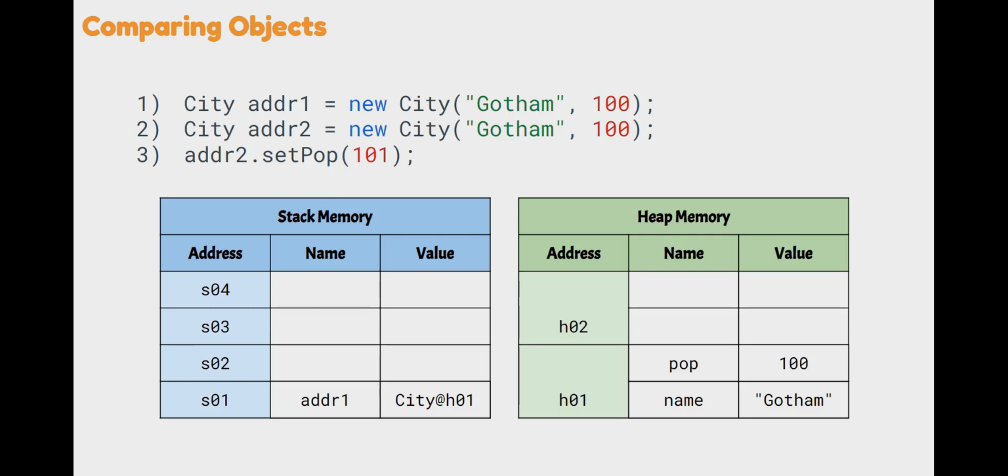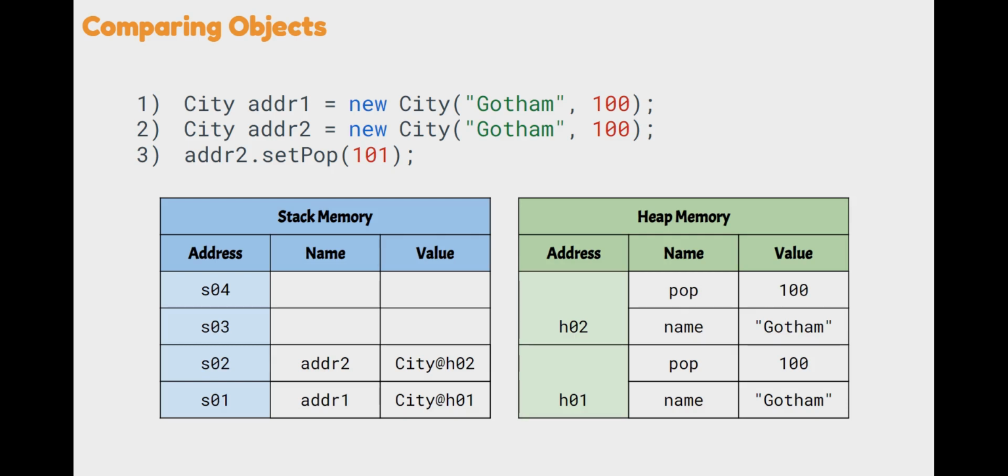We are getting a new spot in heap memory. So the next available spot in heap memory, we will move those object's instance variables into heap memory. We have name being assigned the value of Gotham and pop being assigned the value of 100. Address2 goes in stack memory, and it holds a reference to where we can find that city in heap memory. This one, we have a city at heap 02.